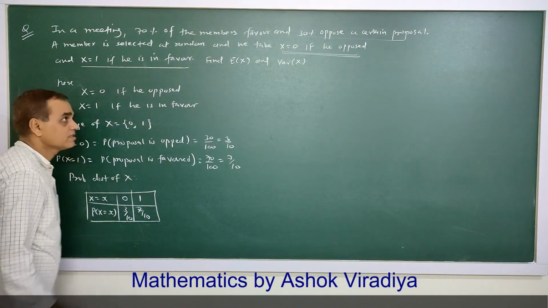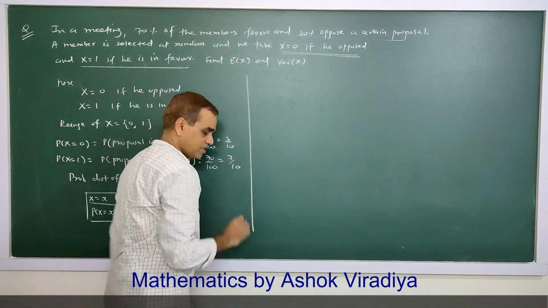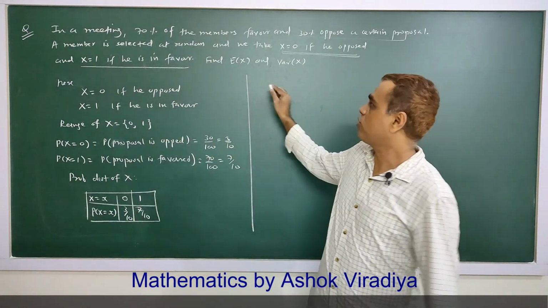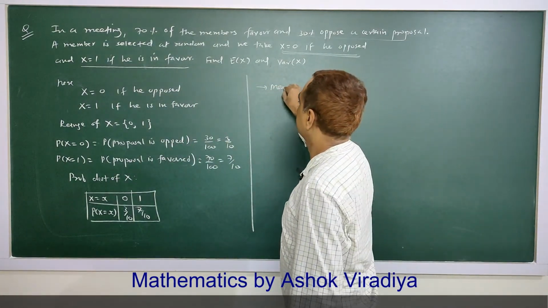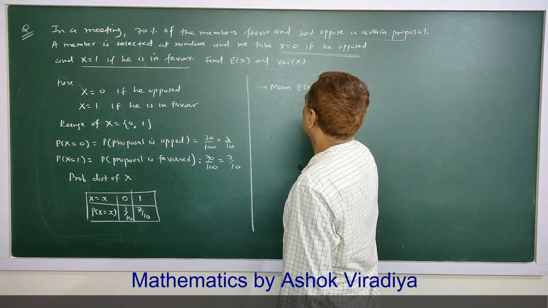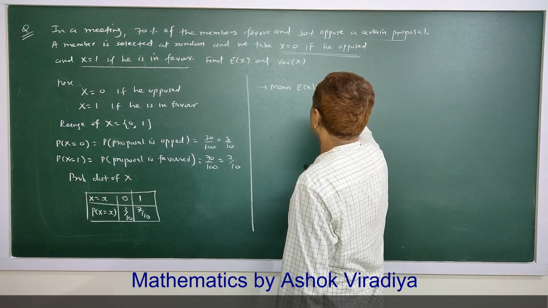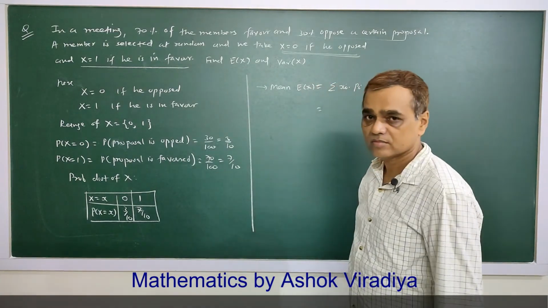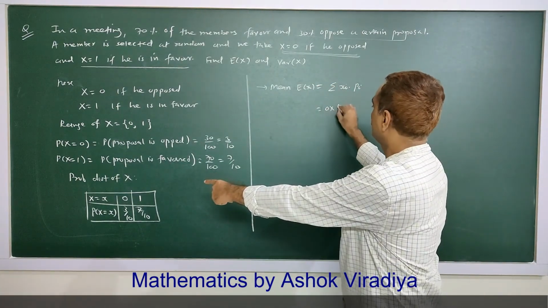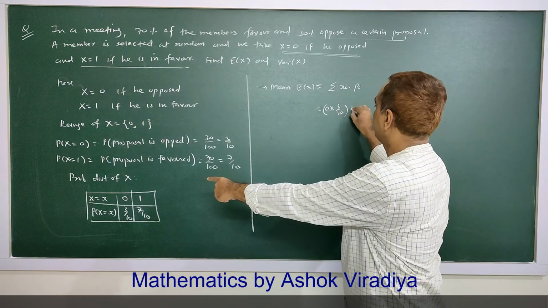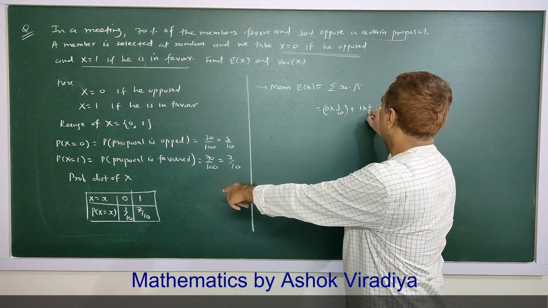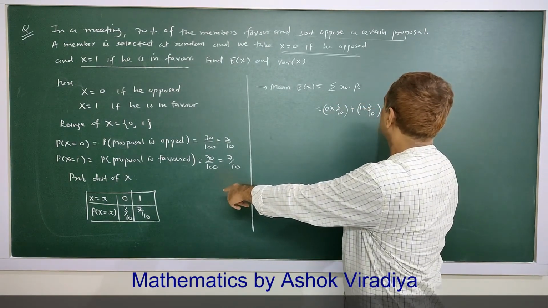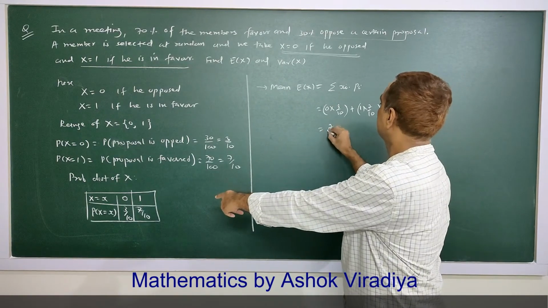So here the mean, find E of X. The mean E of X is sigma xi into pi. So 0 into 3 by 10 plus 1 into 7 by 10. So this is 7 by 10.